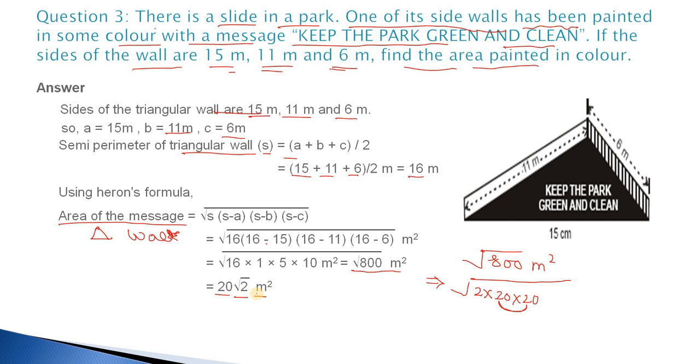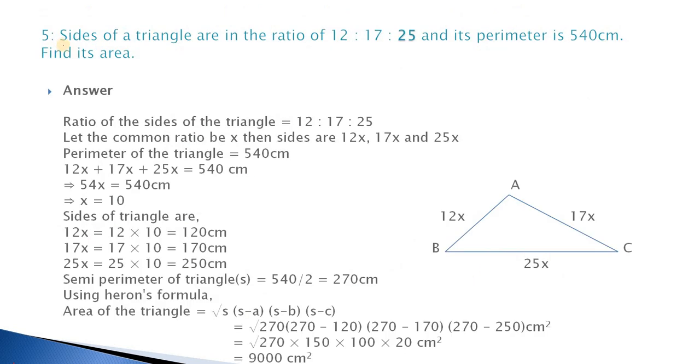Okay. Next question. Sides of a triangle are in the ratio of 12, 17 and 25, and its perimeter is 540 centimeter.